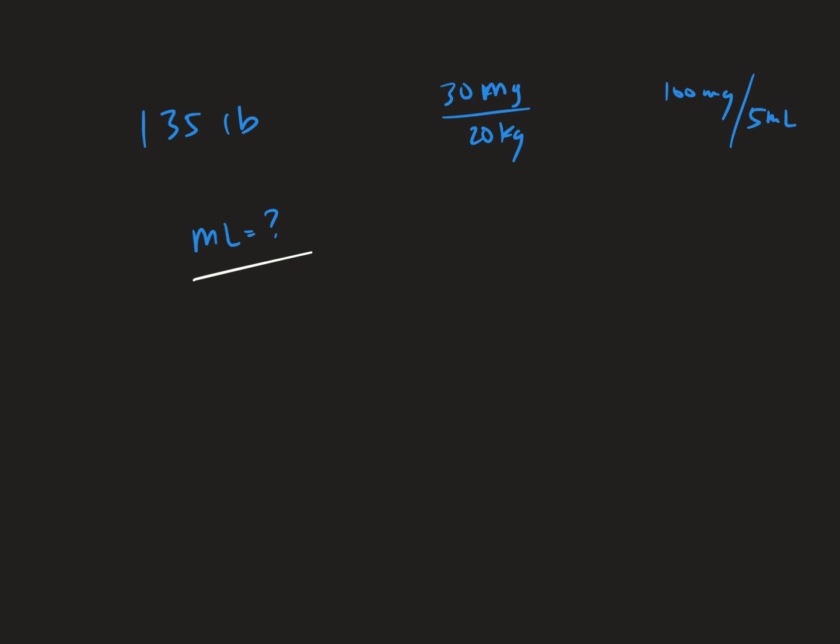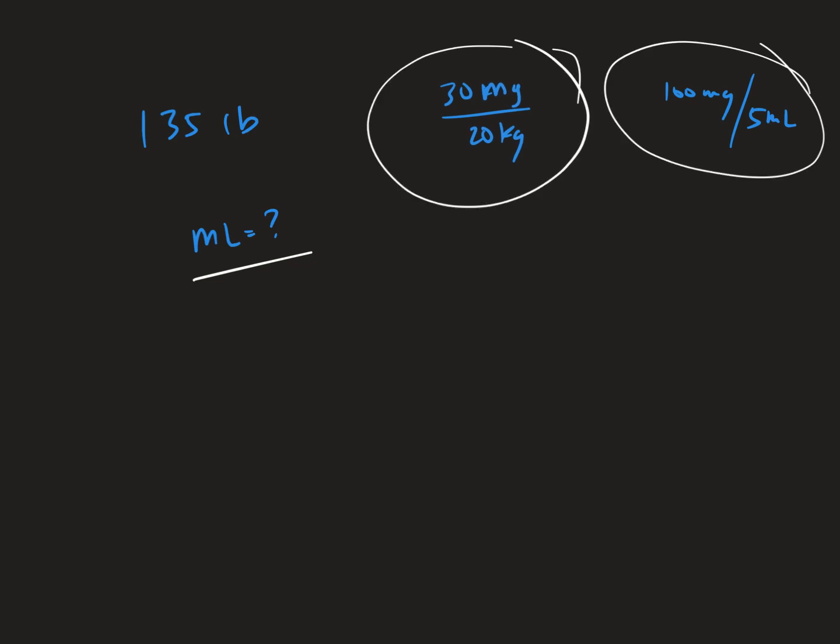Okay. So where do you want to start? That looks like a conversion factor. Let's start there. Now, you don't have to do it my method. You can start at any one of those you want. So 135 pounds.